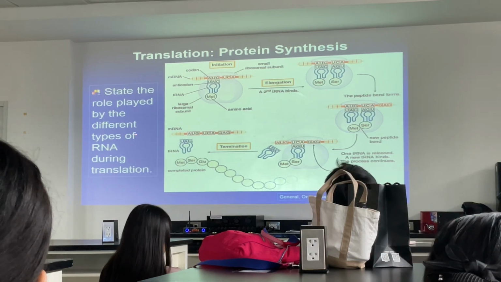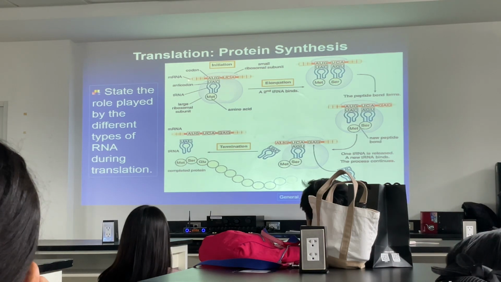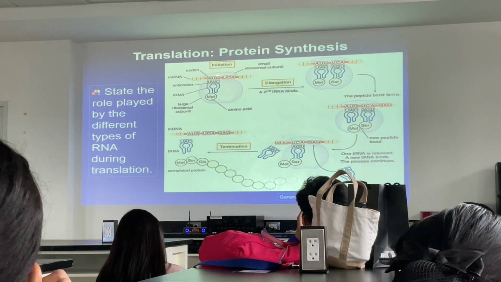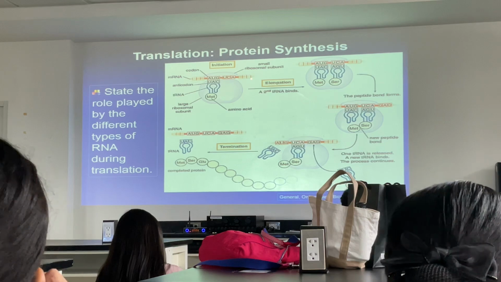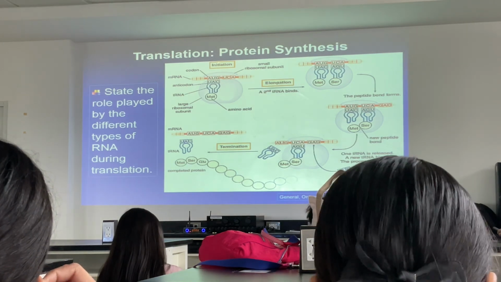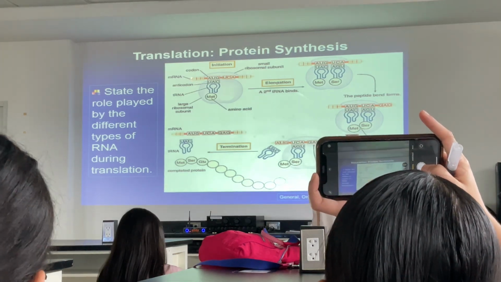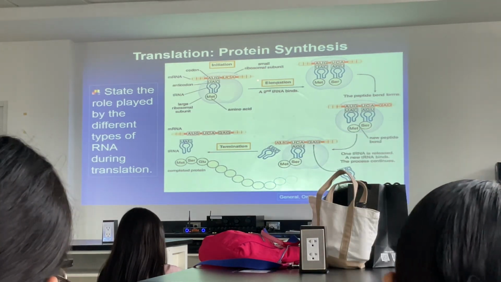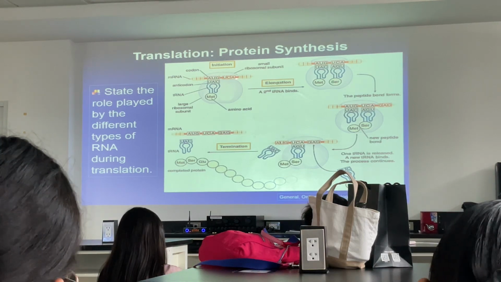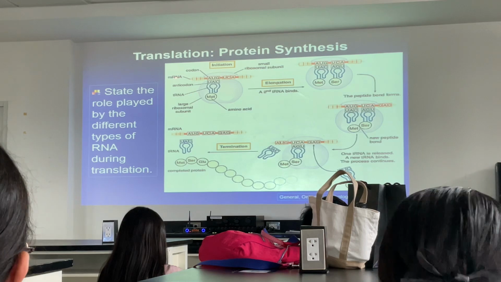State the role played by the different types of RNA during translation. Your mRNA is the template containing the codons, and each codon will dictate the synthesis of a specific amino acid in the correct sequence. So that's the role of mRNA.